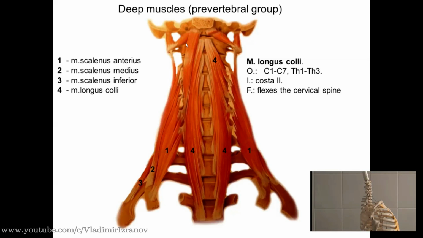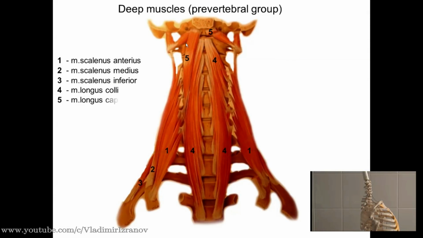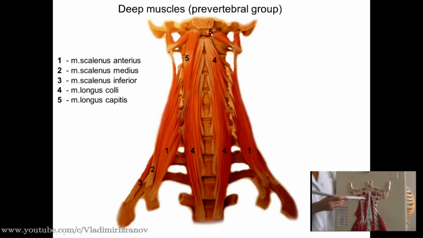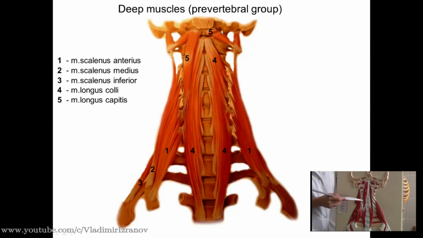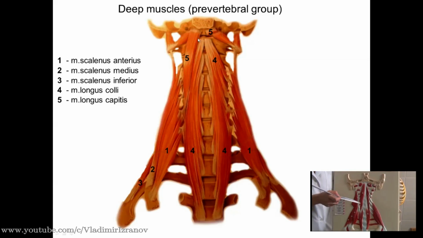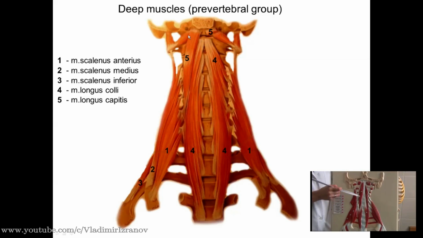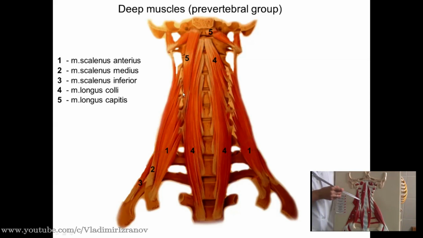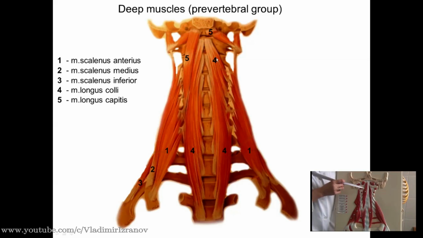Okay, and the next, 5th muscle is musculus longus capitis. Here it is, longus capitis. On the left side it was cut, and so we can understand that it is located more superficially and more superiorly in comparison with longus colli.